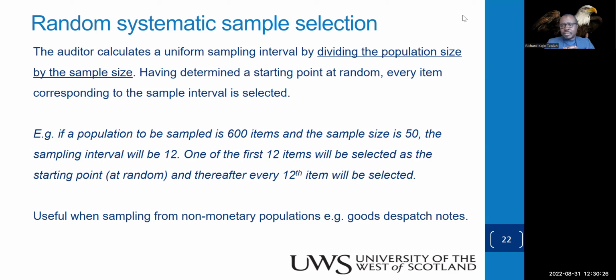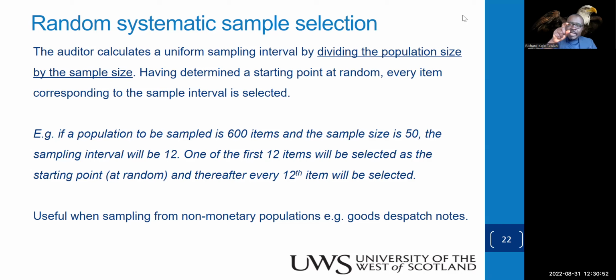After you finish your division of the population over the sample that you need, the items are 600, the sample size is 50. Dividing the 600 population by the sample size of 50 gives 12.